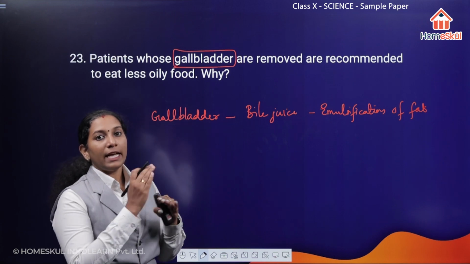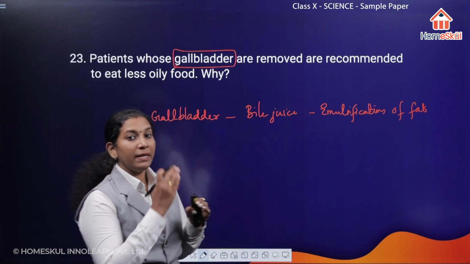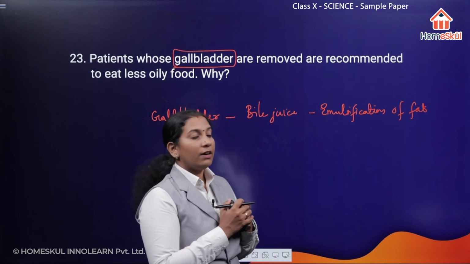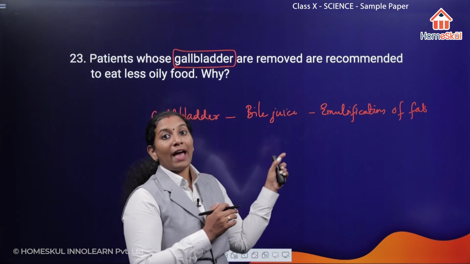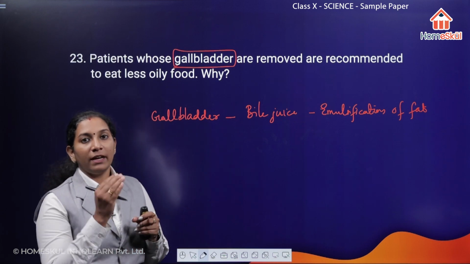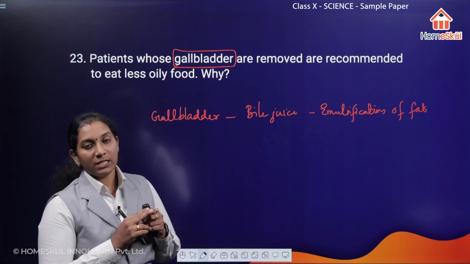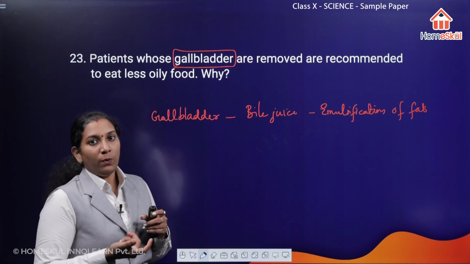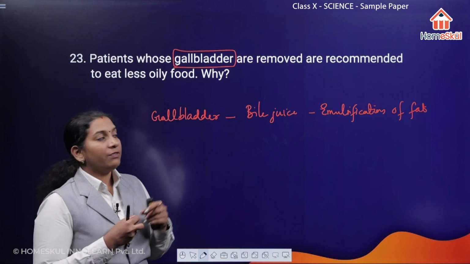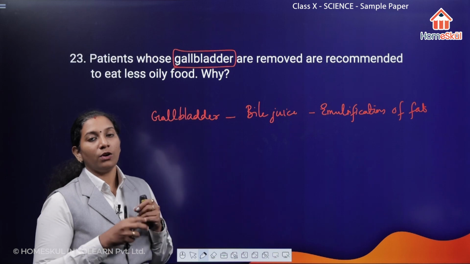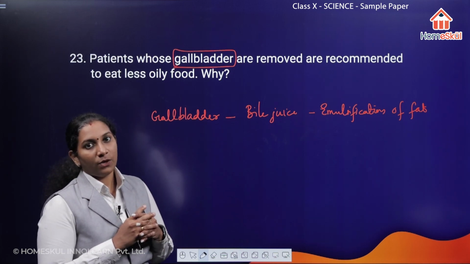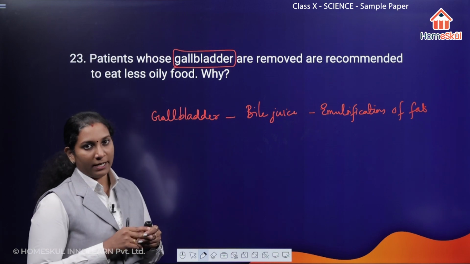So fat digestion and absorption will be affected. It will be a very slow process. That is why we are recommended to use food with less oil content if the gallbladder is removed.